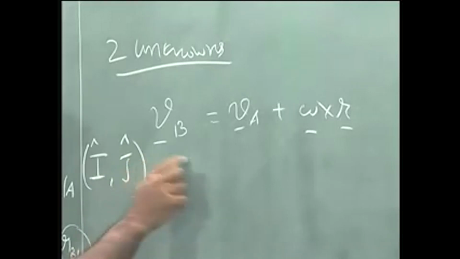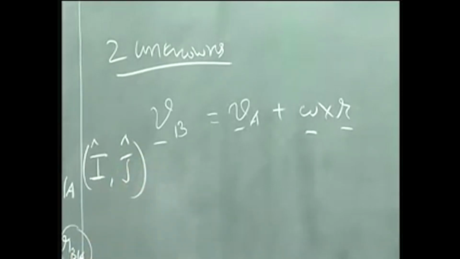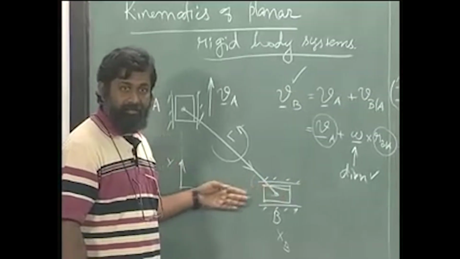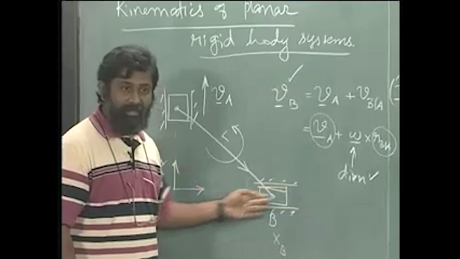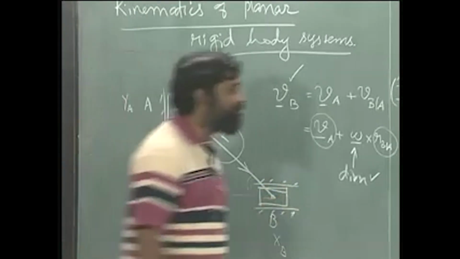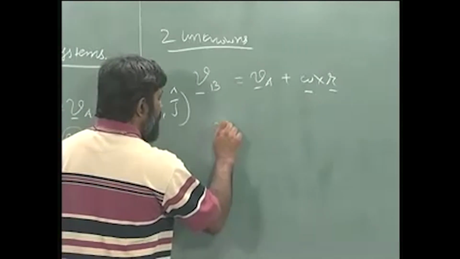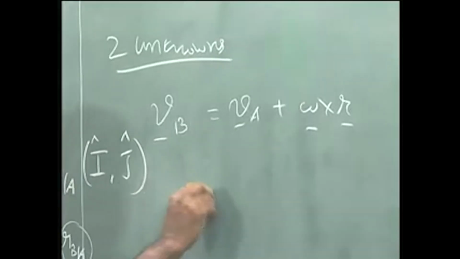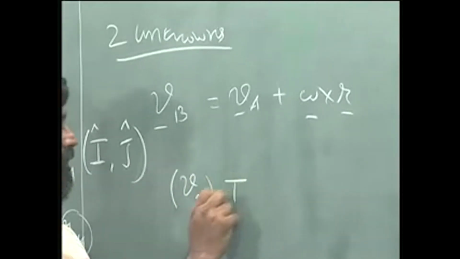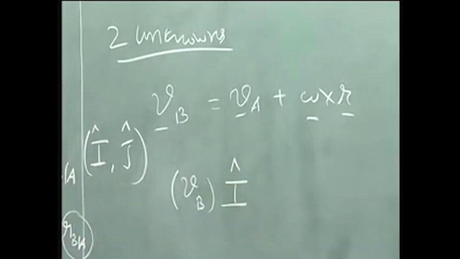What is Vb? The direction of the velocity is already known, which is say Vb, the value, times the direction, which is known to be along I direction.